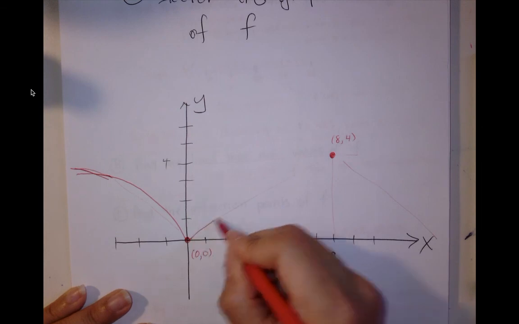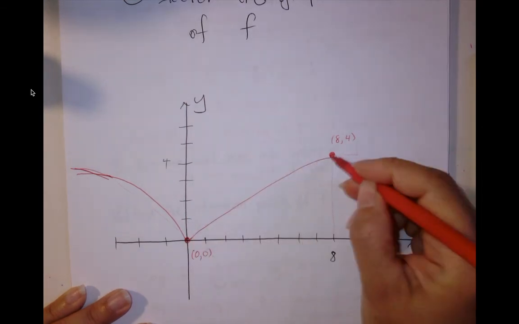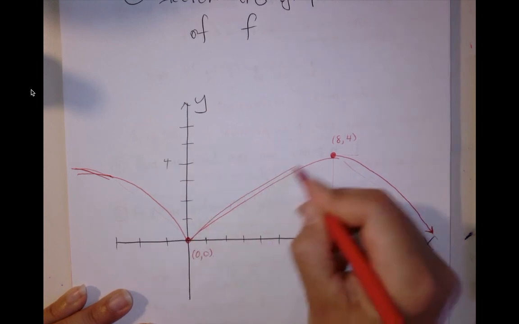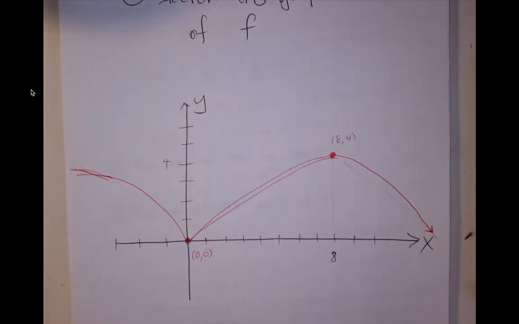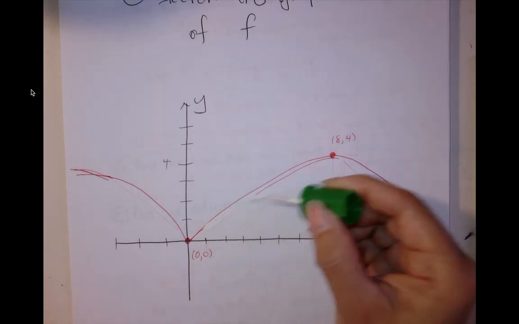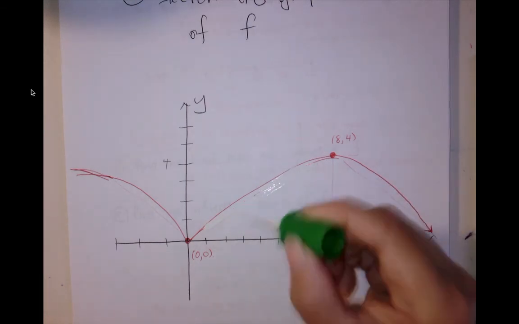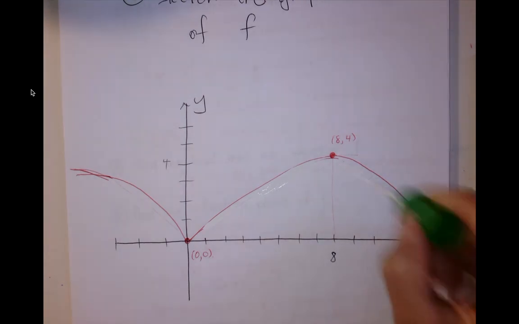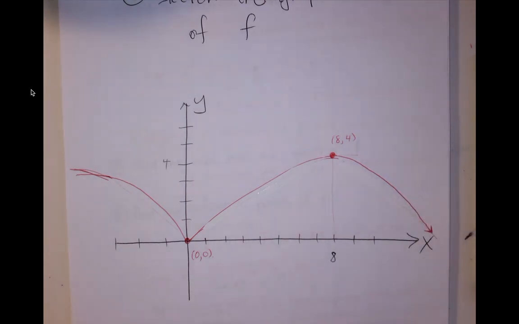The only max is going through here, and then the graph is curving downward. Maybe I'll make this a little more curved there. So everything is curving downward. It's never opening up like a parabola that opens upward. So that's a quick sketch of the graph.